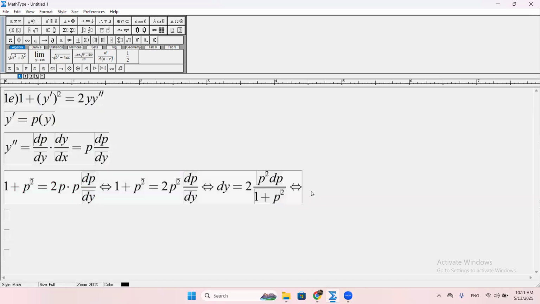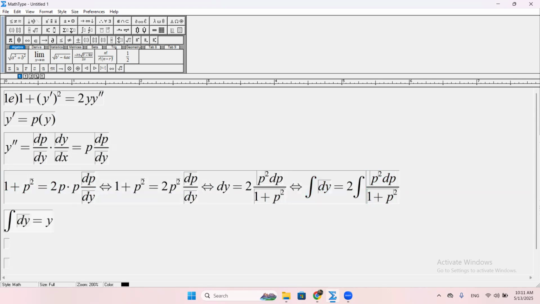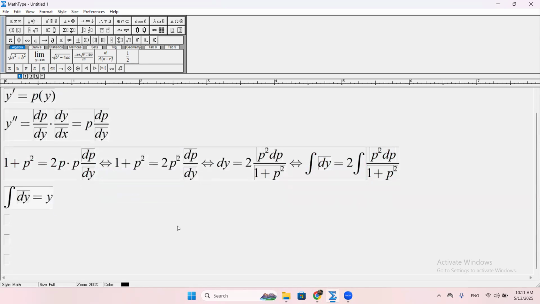Of course we will integrate both parts. Of course this integral will be equal to y. And what about this integral?